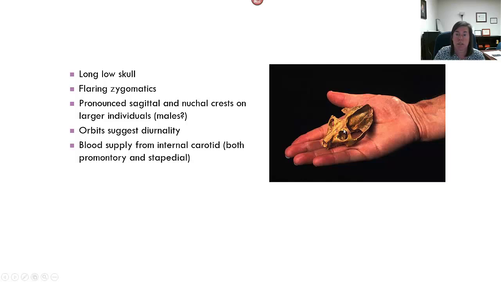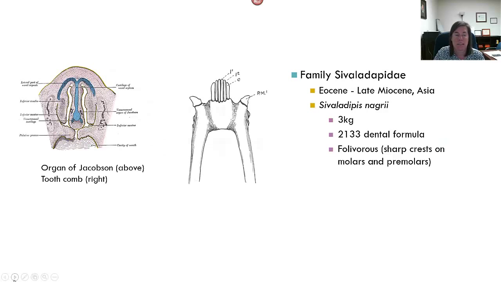These little orbits suggest diurnality, and the blood supply is from the internal carotid via the promontory as well as the stapedial. So here's the organ of Jacobson, right here, and just very important for your sense of smell.